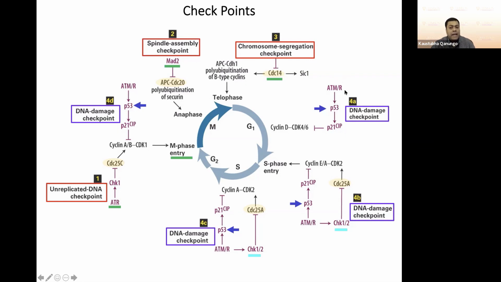But if the ATM/ATR, this protein complex which looks for DNA damage, is activated, it stabilizes the P53, which will activate this P21 CIP. And this P21 CIP can block the activation of all these different cyclins at different stages, and that will block the cell cycle.